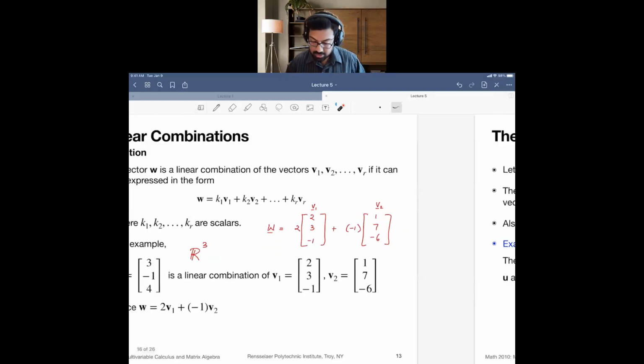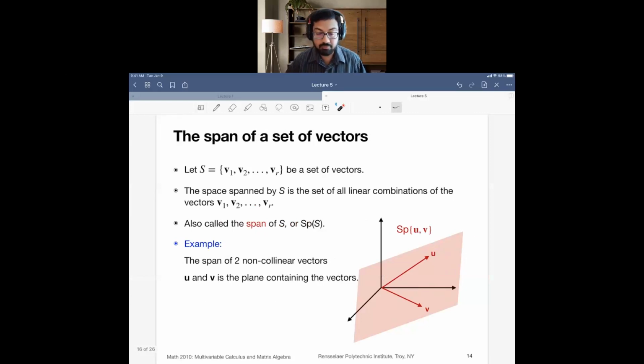So let's go on. With that idea of linear combination, let's introduce the topic of the span of a set of vectors, or the space that is spanned by a set of vectors. Let us define a set S of R vectors, and we can assume that each vector belongs to R to the n.